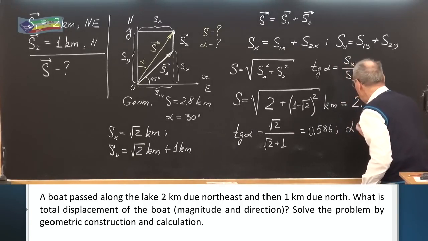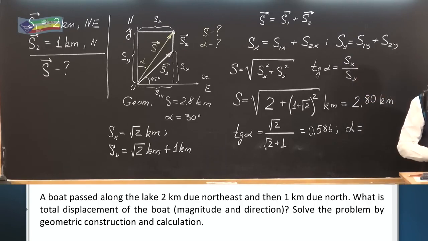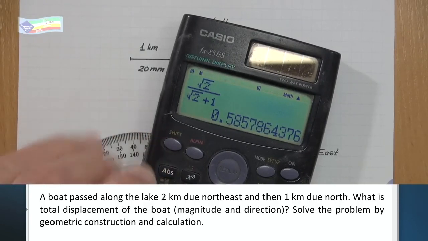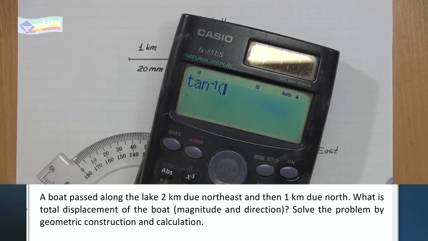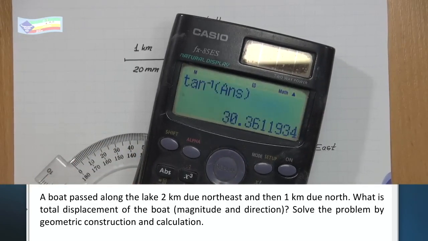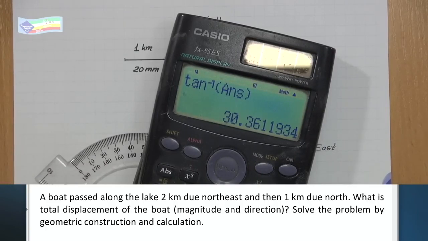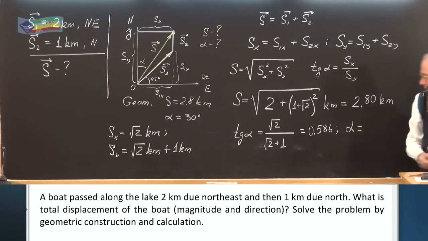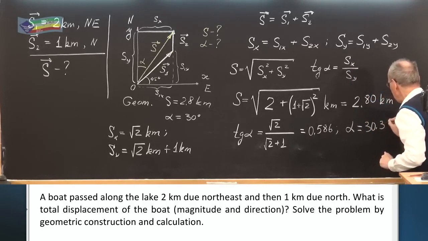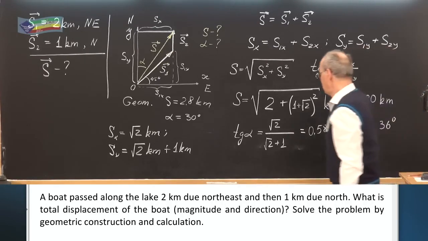So alpha equals arctangent, 30.36 degrees.